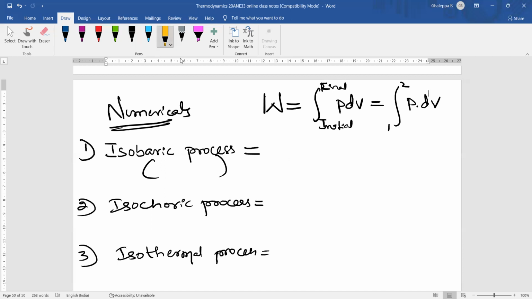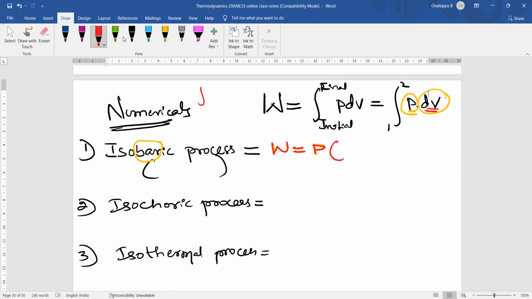Isobaric means which property remains constant? Pressure, sir. Yes, bar is a unit of pressure, so pressure is constant here. So P is constant, but dV will change. So work done is equal to P, which is constant, so you take it outside, times the integration of dV.